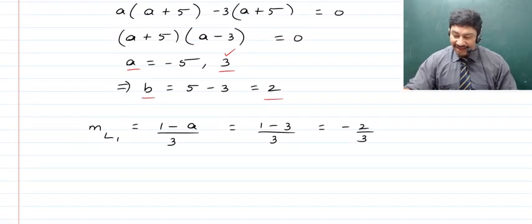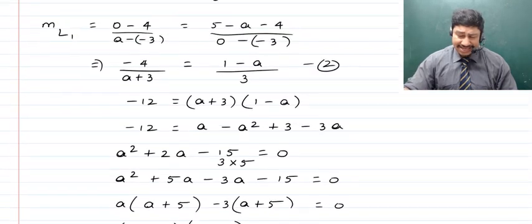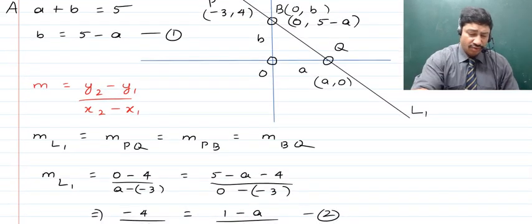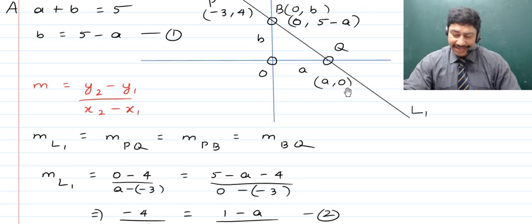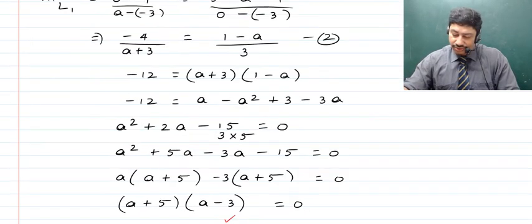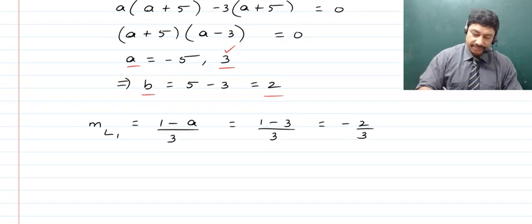Now as we have points on this line, this point will be pretty simple, that is a comma 0. As a is 3, so 3 comma 0 will be a point on it, right?